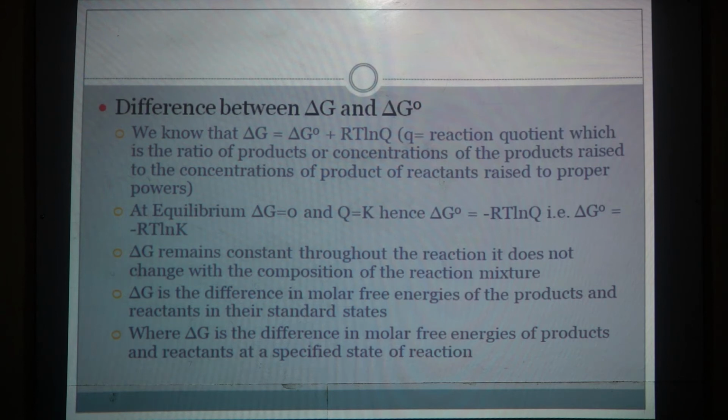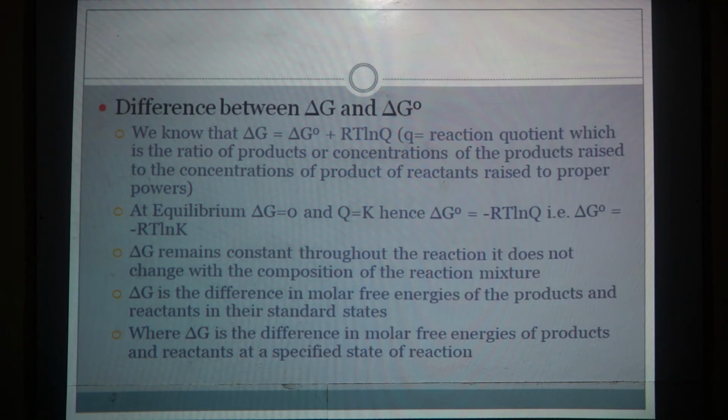That is Q. At equilibrium, delta G is 0 and Q is K. Hence, delta G0 is equal to minus RT ln K.